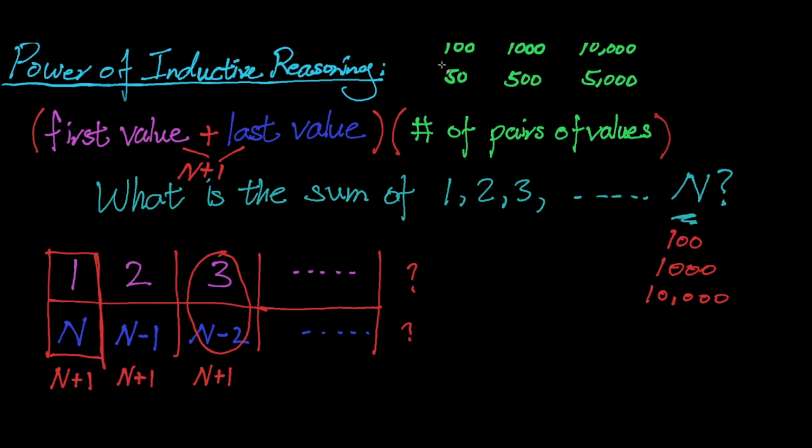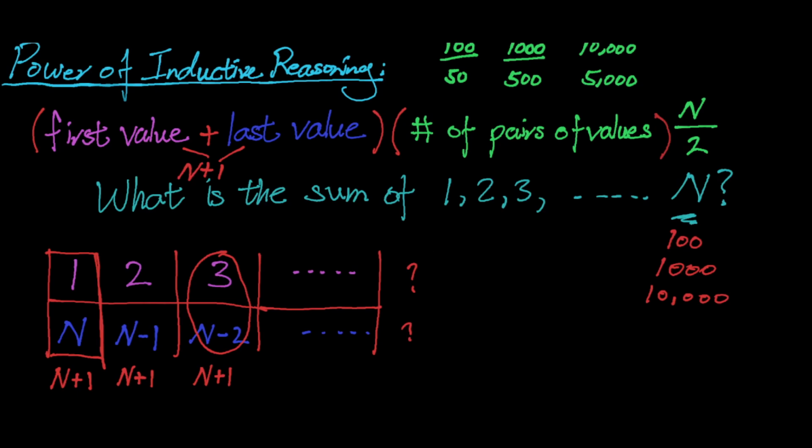So in general, we could say that we're simply taking the total amount of values and dividing them by 2. And that's how we're going to get our pairs of values. So we take our total amount of values, which is n, and we're just going to divide it by 2. So let's write this out on another part of this canvas here.